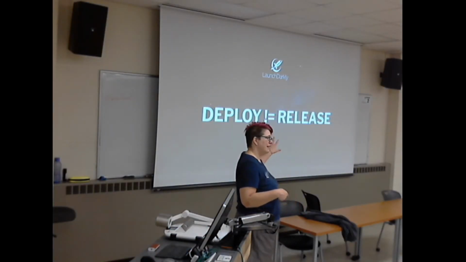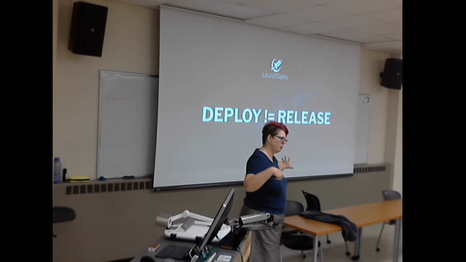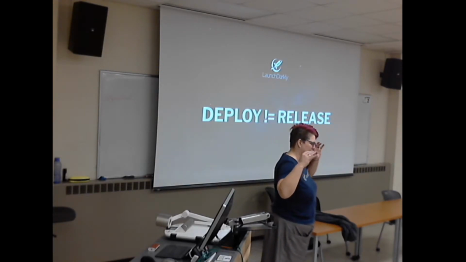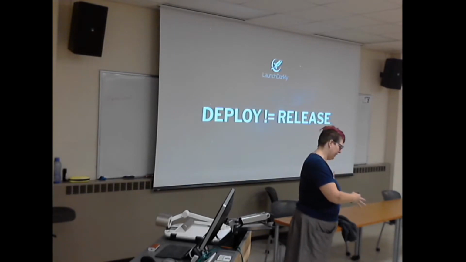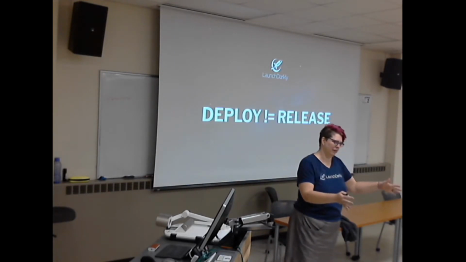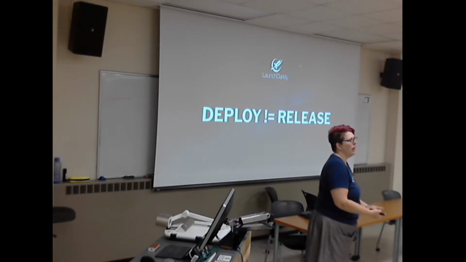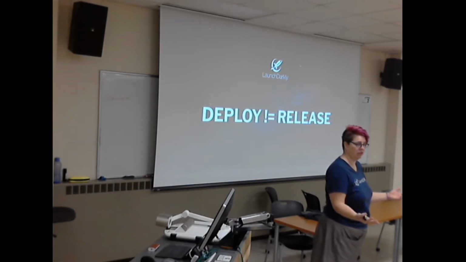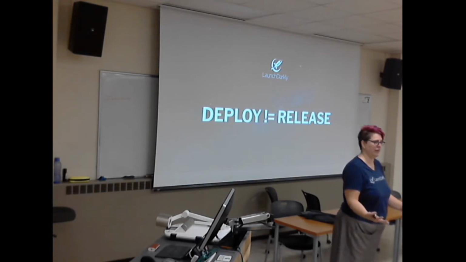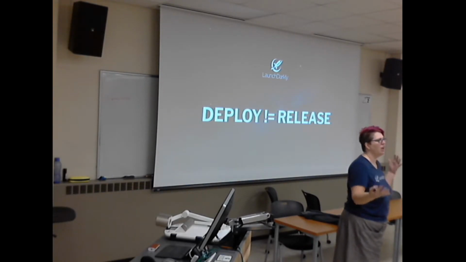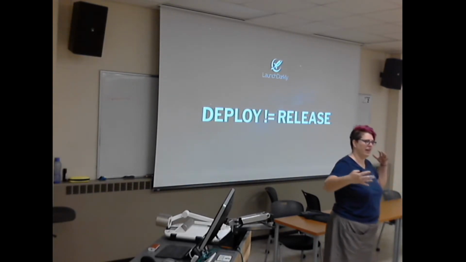So deployment is not the same as release. This is a super important concept for all feature flags. Deployment is the act of getting your code to where it needs to be. That might be code, like infrastructure as code is still getting your code to where it needs to be. It might be other kinds of code that you want to have out of end users.